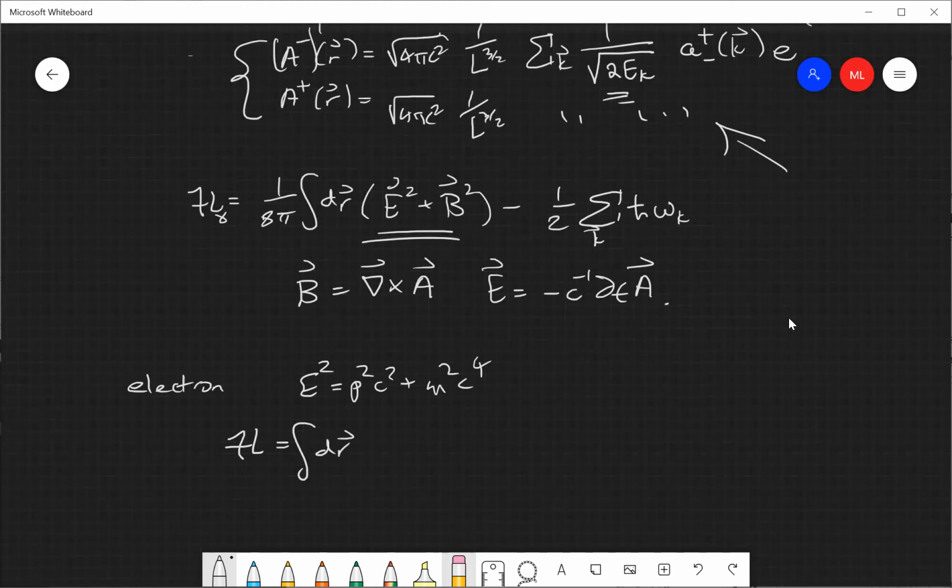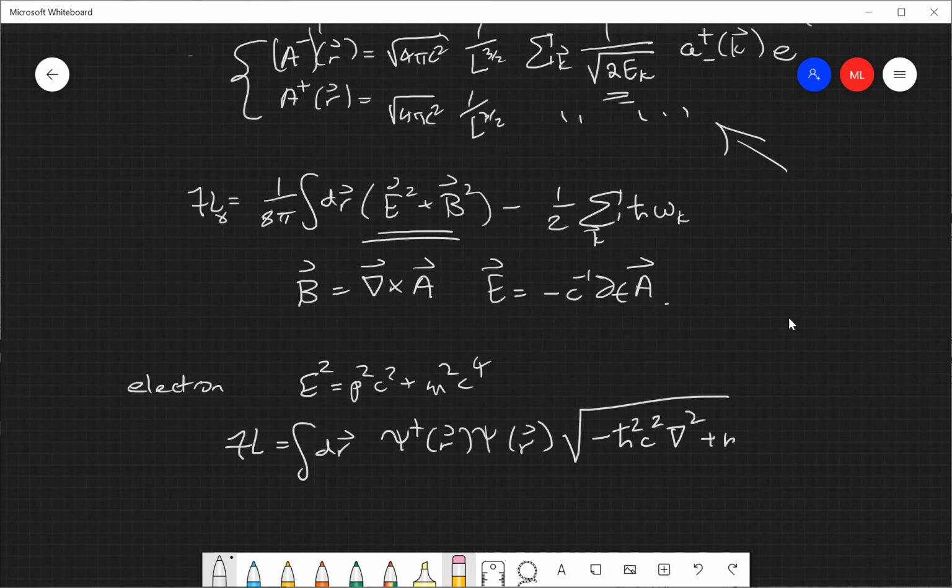You'd say, well, I'm going to count up the number of electrons at some location r, and then I'm going to count up their energy, which apparently is the square root of minus h bar squared c squared nabla, the Laplacian, like this. That would just be a naive expression for the energy. But this is bad because, again, these are non-local things. So you have to do something else.